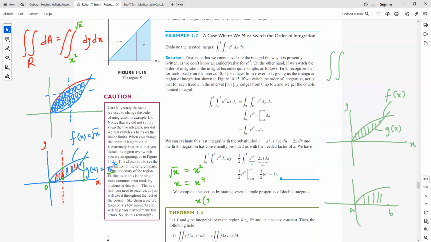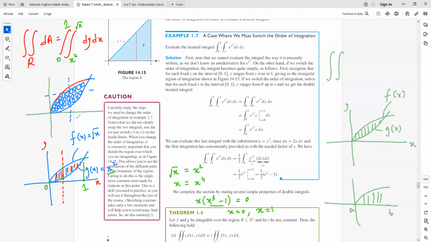By simplifying the equation, I can see that x is either 0 or x equals 1. It means that this point is 1, right? So we just need to integrate over the line 0 to 1. Now this gives the area bounded between these two curves.